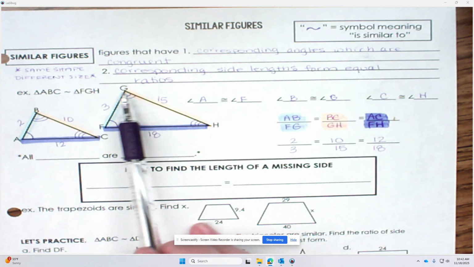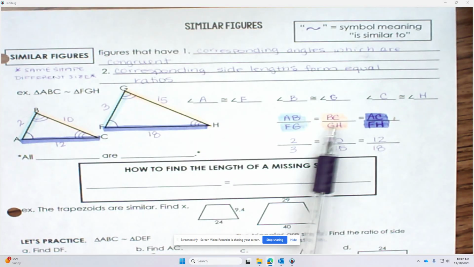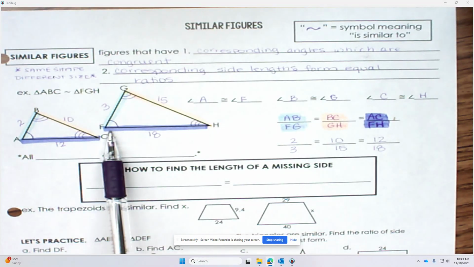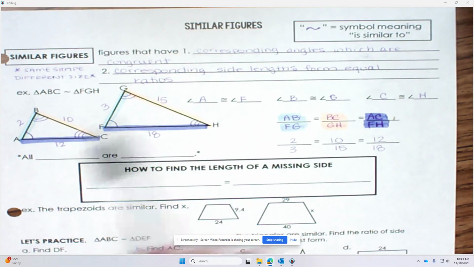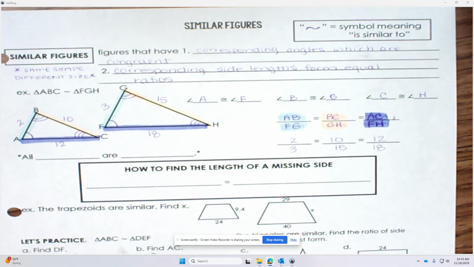So this set of blue sides is equal to the set of orange sides is equal to the set of purple sides when we simplify those ratios down. All right, we will practice that, and we really want to practice that well because that's going to apply to all shapes. That's not just going to be triangles. It'll apply to rectangles, hexagons, whatever you can think of.